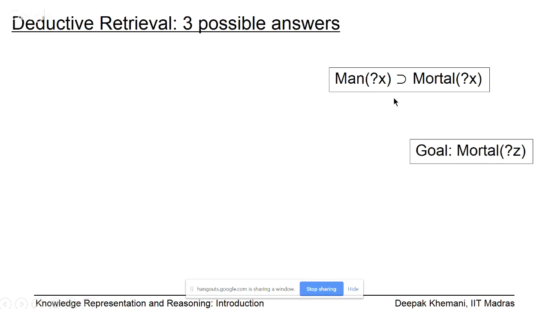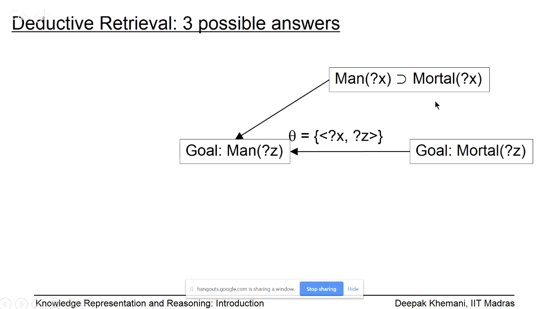So for example, if you are told that all men are mortal and you are given a list of people who are men, and then you are asked, is there somebody who is mortal, then in backward chaining the first thing we do is move from the goal of showing that someone is mortal to the goal that someone is a man.